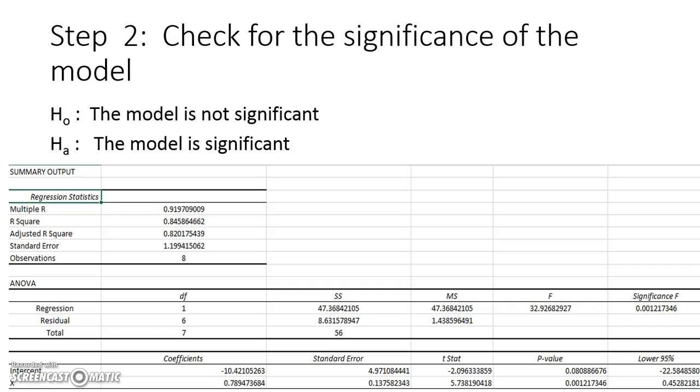Now, how are all these calculated? If you see, there is something called the total sum of squares, which is given as 56.